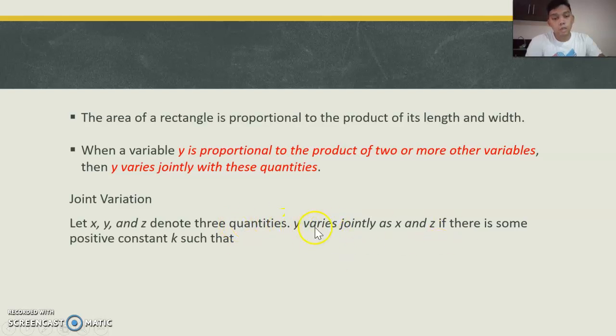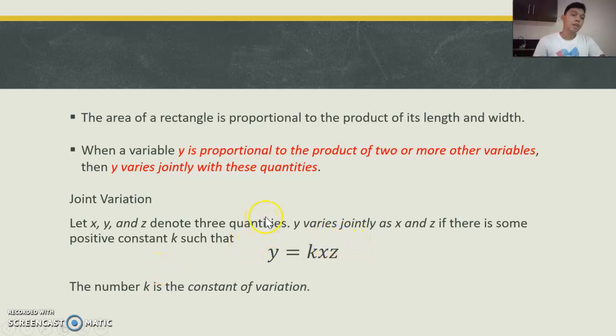The statement goes: y varies jointly as x and z if there is some positive k such that y is equal to kxz, where k again is the constant of variation. Similarly to direct variation, they may look the same. If you notice, there is just an additional variable. The same process used when solving direct variation will be applied in solving joint variation.